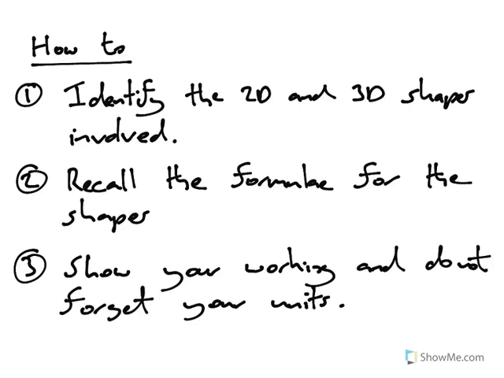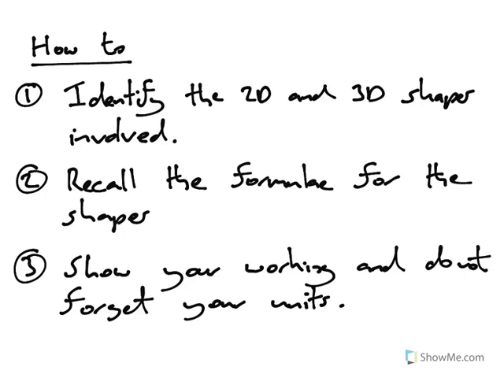If you're asked about the surface area, you need to identify all the two-dimensional shapes you can see, and if you're trying to work out a volume question and it's a compound shape, so it might be a cylinder with a cone stuck on top like a rocket, similar to the SpaceX one yesterday maybe, then you need to identify what shapes they are, and once you've identified all the shapes that you can see, you then need to recall the formulae for those shapes and write them down somewhere. Write them down in your working.